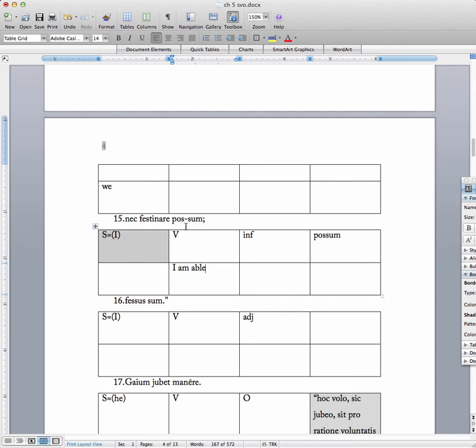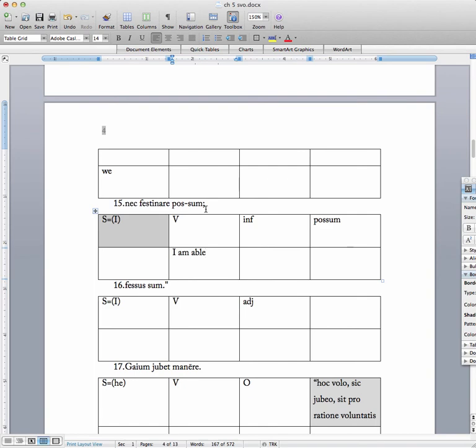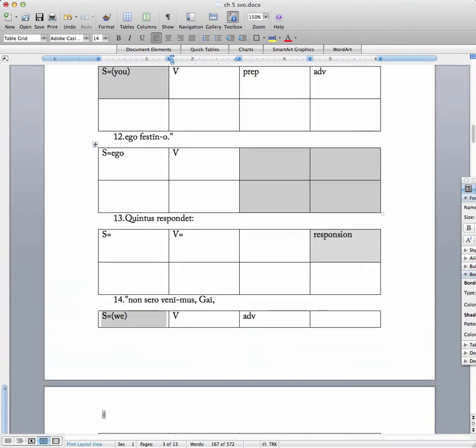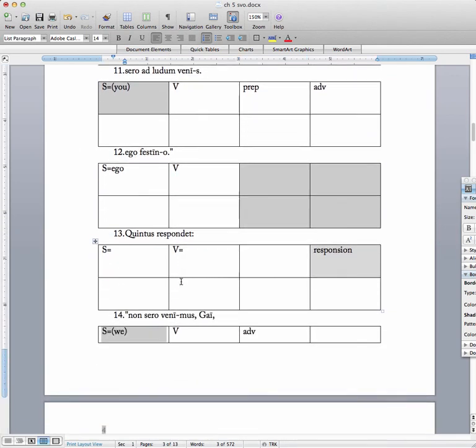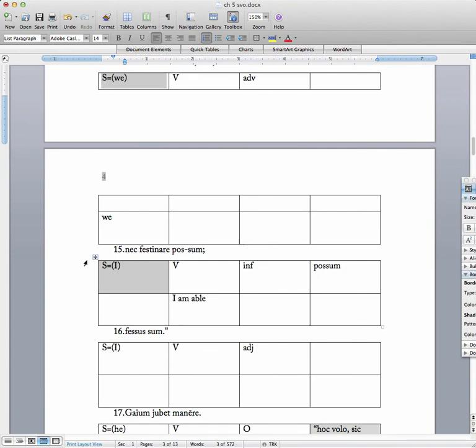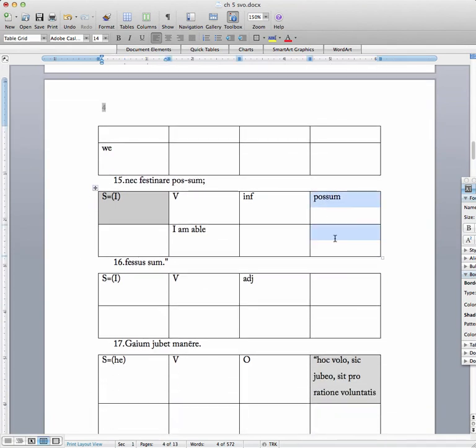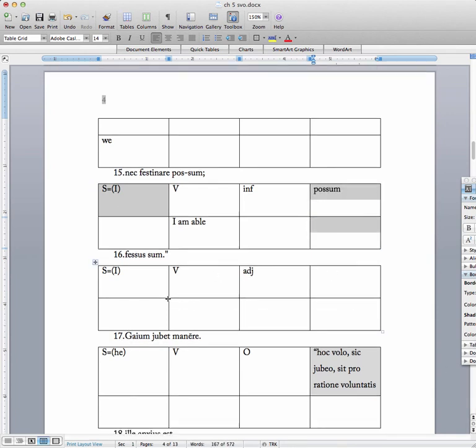Okay. Destinare, you have to find the infinitive yourself. We had this once before. So just compare number 10 if you want to identify the infinitive here. Okay. Possum is, we'll get into that tomorrow, the vocabulary.